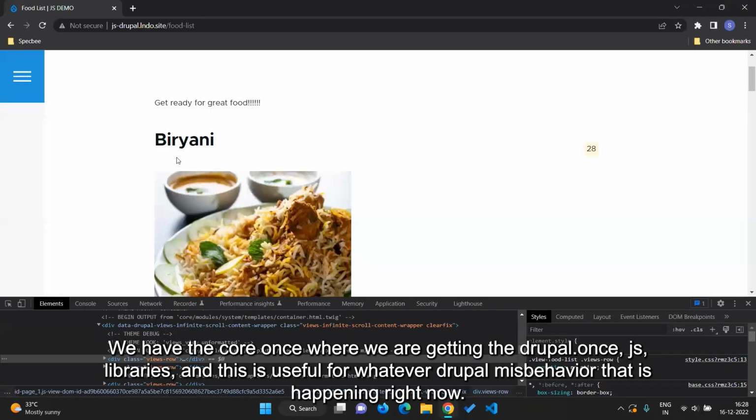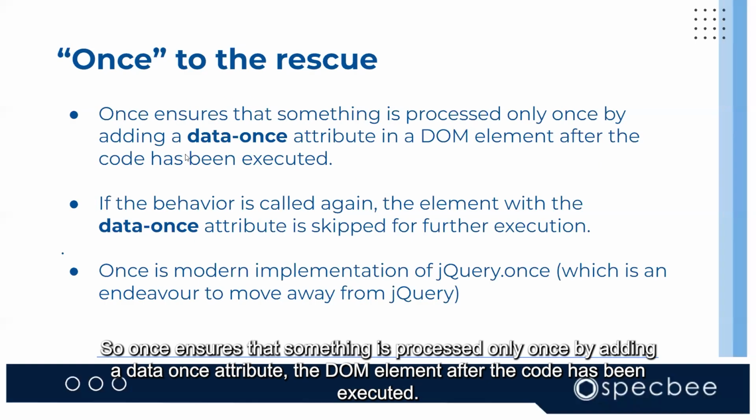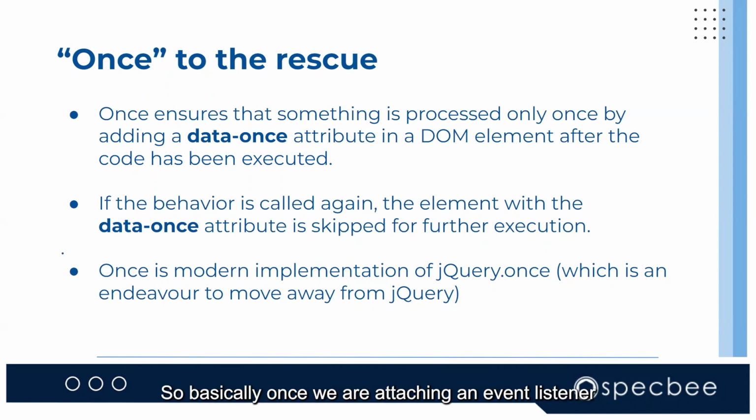Once ensures that something is processed only once by adding a data-once attribute to the DOM element after the code has been executed. If the behavior is called again, the element with the data-once attribute is skipped for further execution.